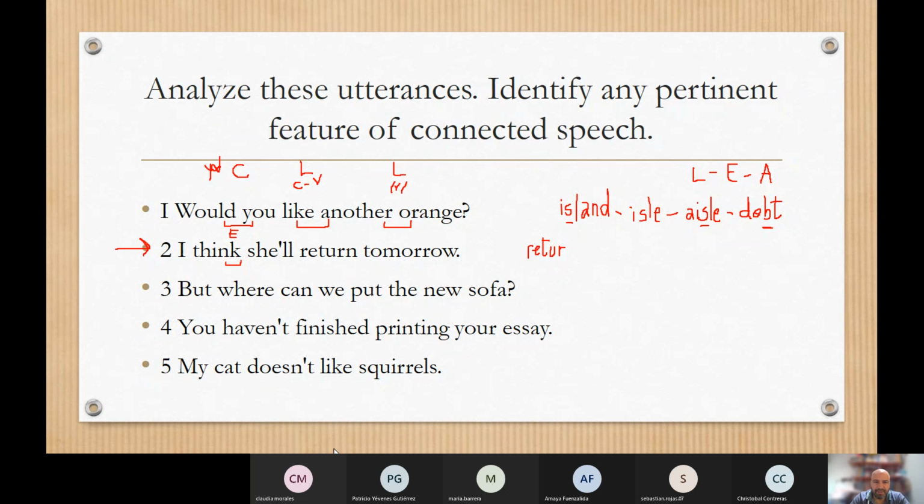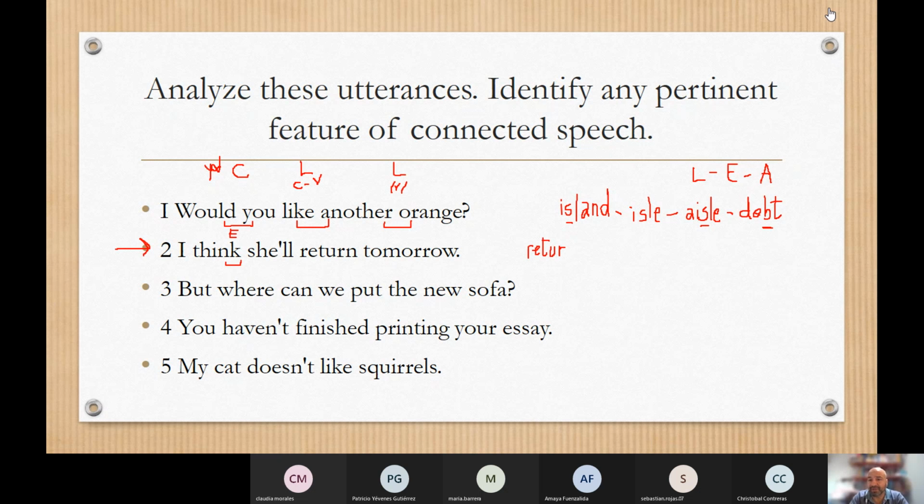That's interesting. Let me copy and paste something that I just found while Maria Fernanda was speaking. So in the chat box, you may see the word "returned." In the transcription, the R sound that we see at the end is not pronounced.